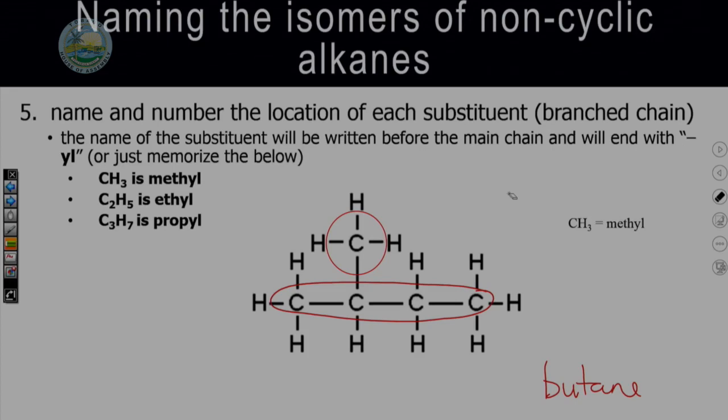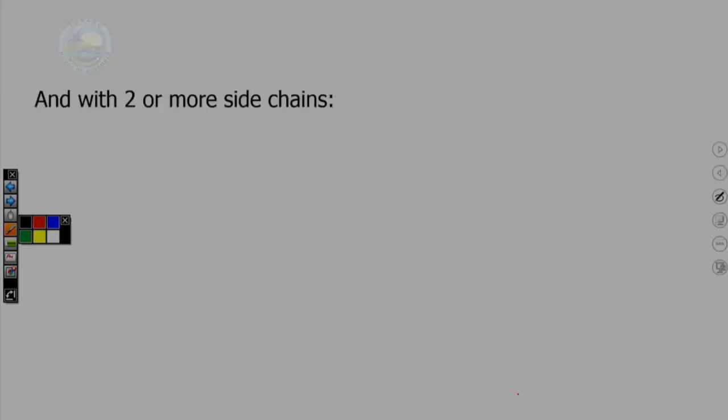So butane is the main chain or the longest chain, and we would put methyl in this case here. So methyl is written before. So this is how we're getting the stages of the naming. So let's go ahead.